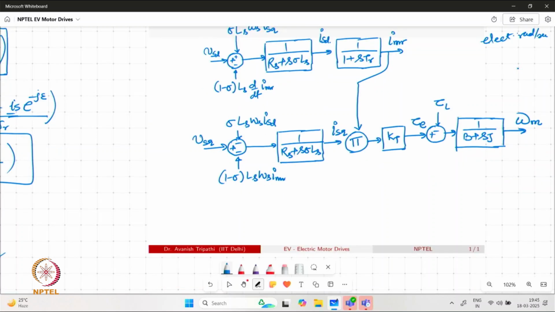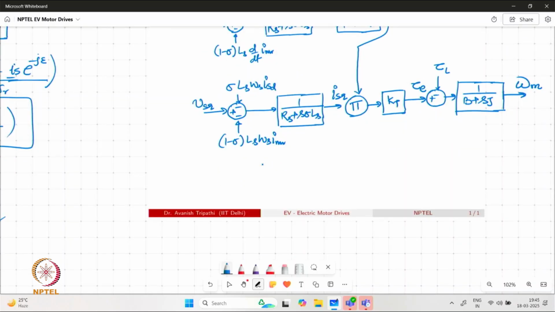Now, once we have the mechanical speed, we do need to generate the synchronous speed of the machine, and we can use the slip equation for this purpose.